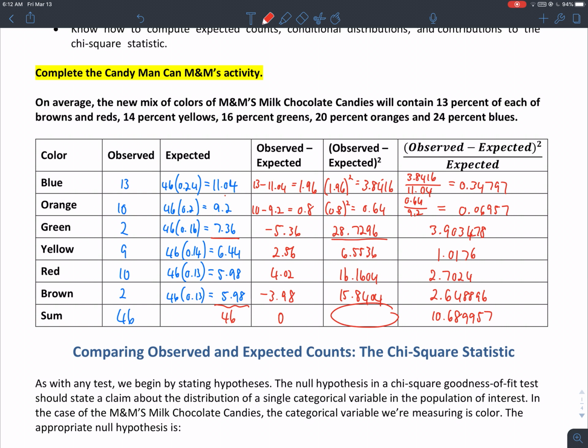Okay, and this number is a summary of everything taken together. And we call that number chi-squared. So this would be our test statistic, comparing my observed data to my expected data relative to the expected data for each category of the categorical variable color, and then I add it all up, and that gives me my chi-square statistic.